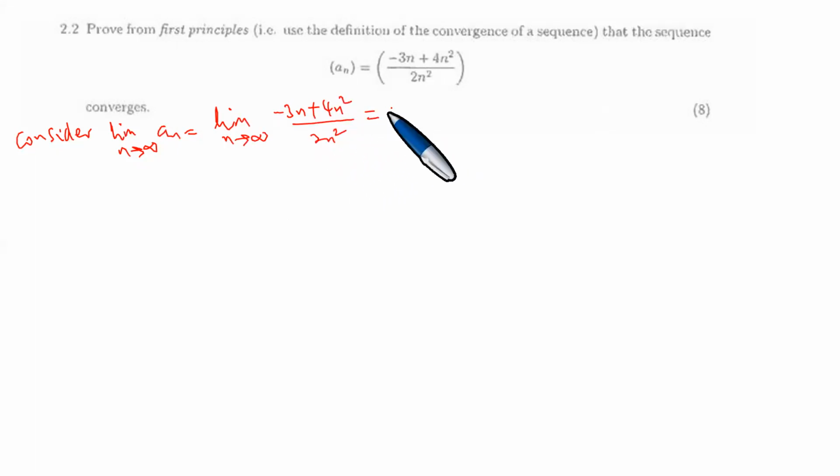Right, so we have this, which is minus 3 over 2n plus 2. And now this limit is 2.